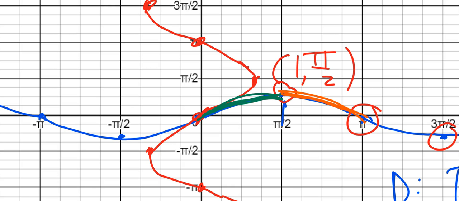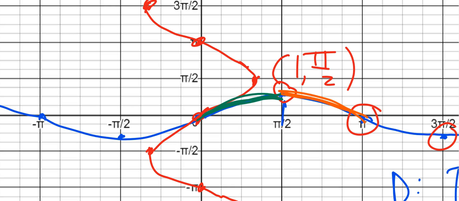I started out with the green section because it's got the right triangle values in it, and I added the orange section. So my question is, it is continuous, but what's the range of the green and the orange together? Still only 0 to 1, right?